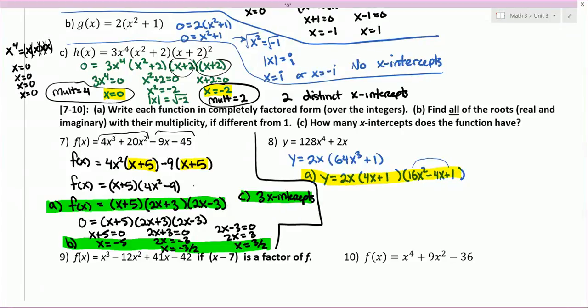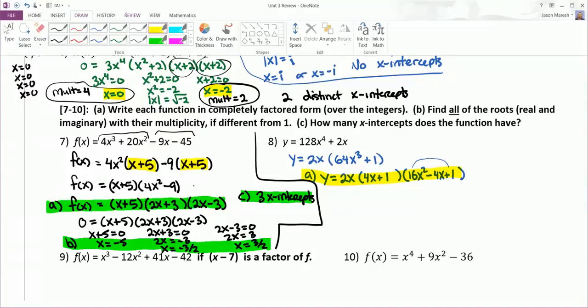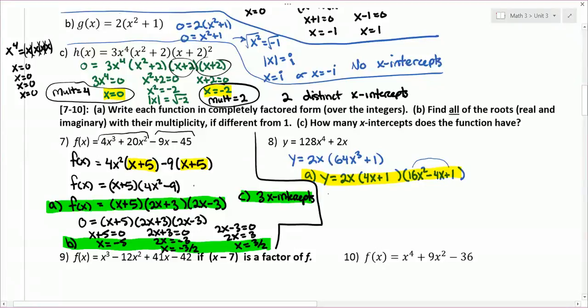Part B now is to solve and find all the roots, whether imaginary or real. So set y equal to 0. Set each factor equal to 0.